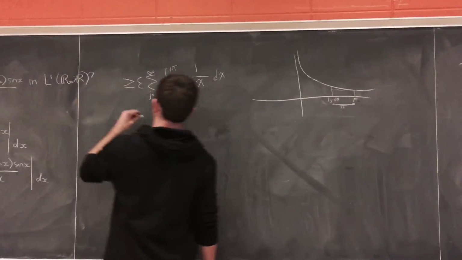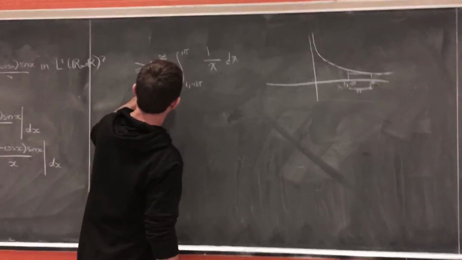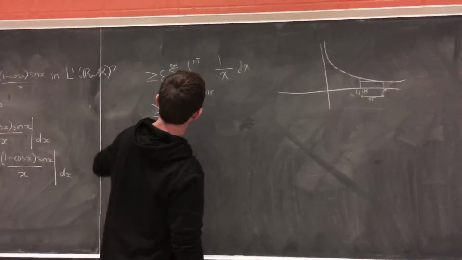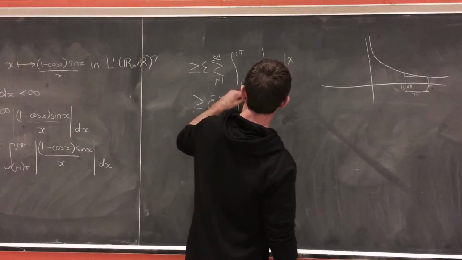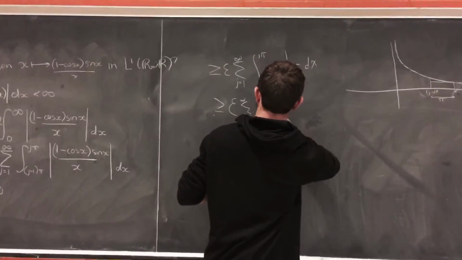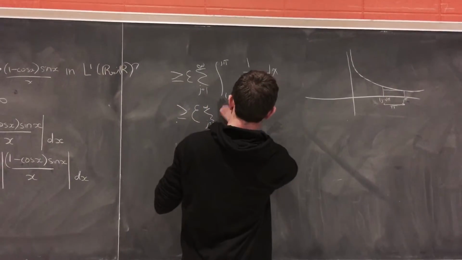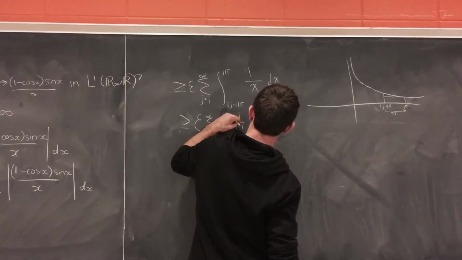So that means that this thing is greater than or equal to epsilon times the sum j equals 1 to infinity of pi times 1 over j pi.